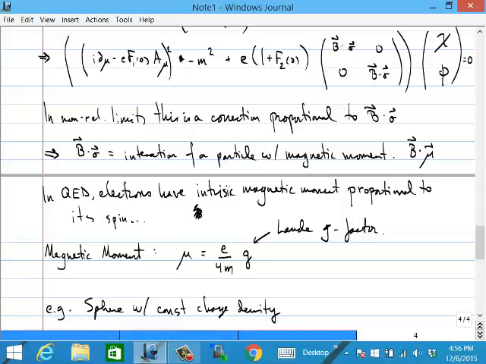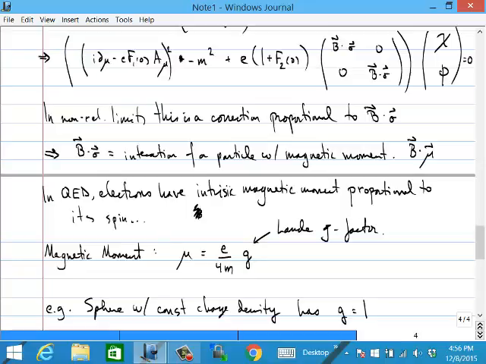If you take a sphere with a constant charge density and you spin it, then the magnetic moment will be proportional to the spin of the sphere, to the angular momentum of the sphere. And the magnetic moment will have a g factor of 1. So that's a nice normalization.